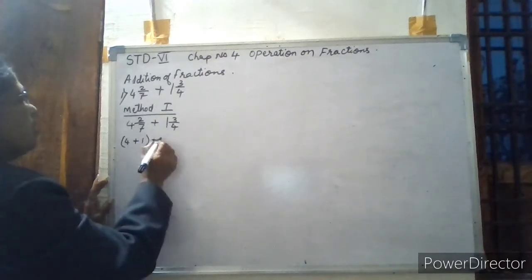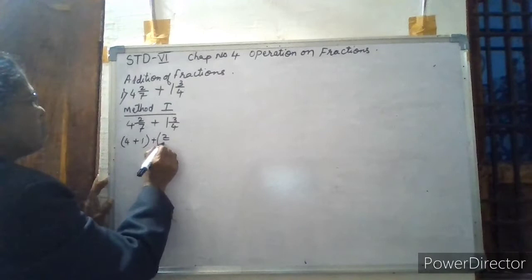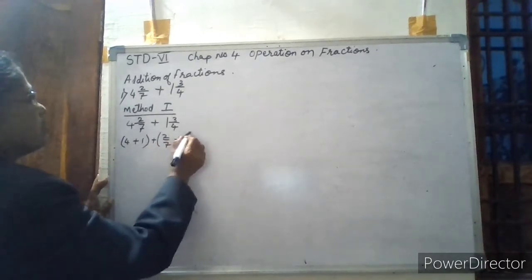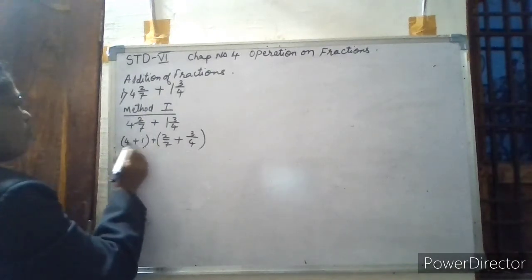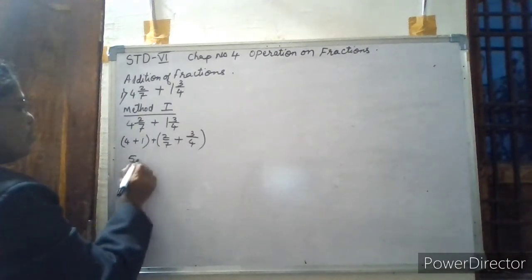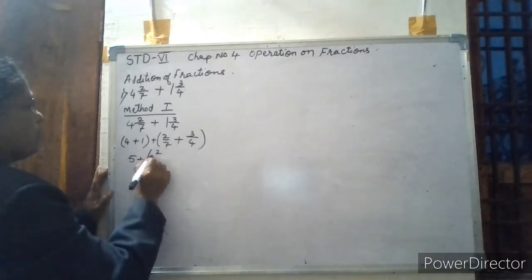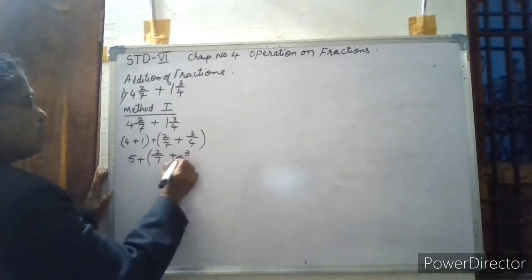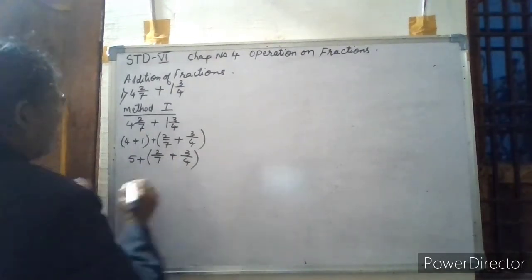Then we have to add 2/7 plus 3/4. So we have 4 plus 1, here 5, plus now here we'll add 2/7 plus 3/4. This we can do by cross multiplication.